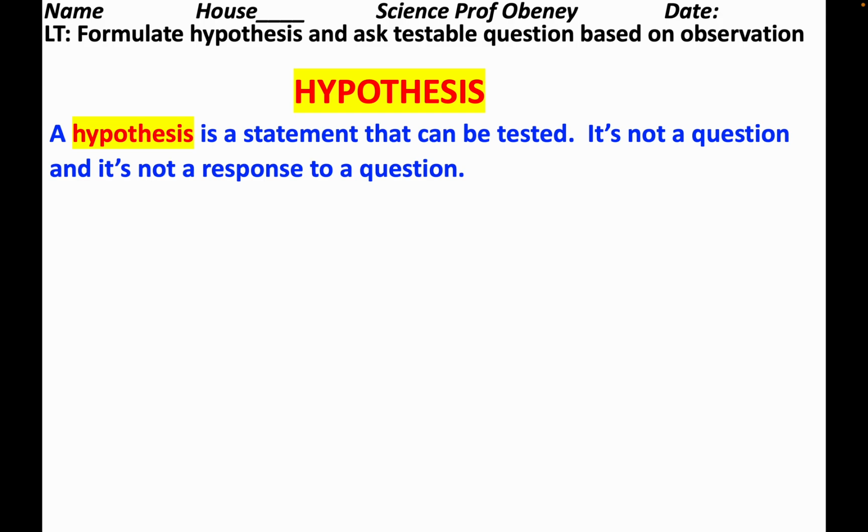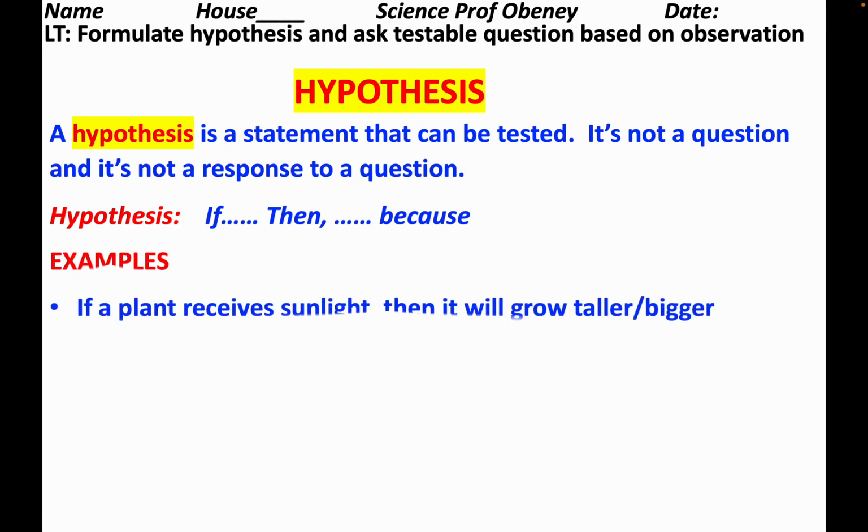It's not a question, and it's not a response to a question. We write a hypothesis using if, then, because. And remember, a hypothesis is a statement that has the cause and the effect.